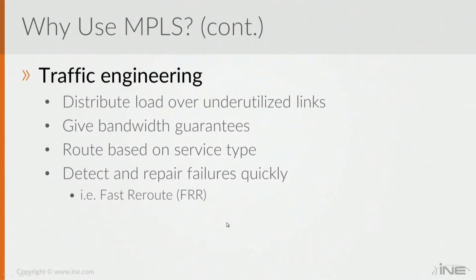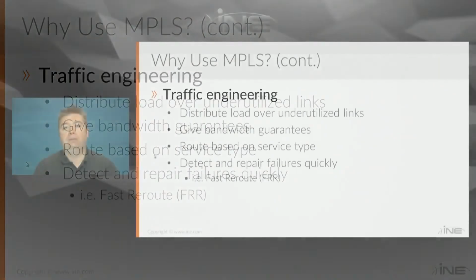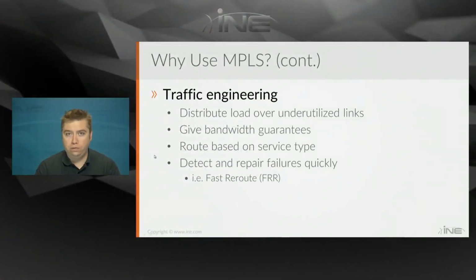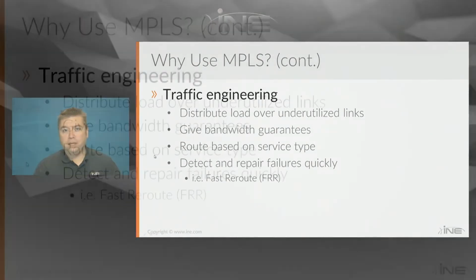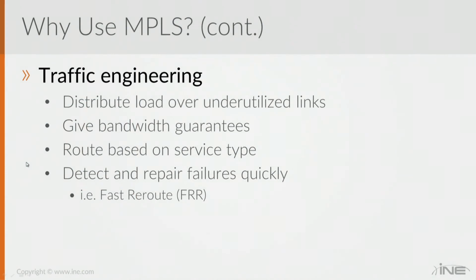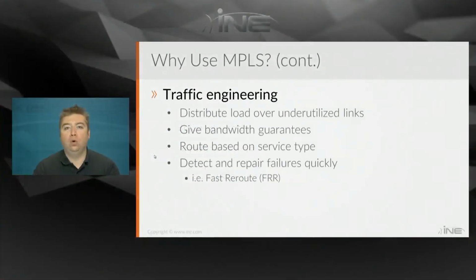Another important portion that we will spend time on, but that is definitely not as complex as either L3 VPN or L2 VPN, is MPLS traffic engineering. What traffic engineering allows us to do is utilize typically underutilized links. Say we have 10 gig Ethernet and 40 gig Ethernet. From a normal IGP routing point of view, we would typically choose only the 40 gig links because we're making our decision based on the lowest cost in the network.